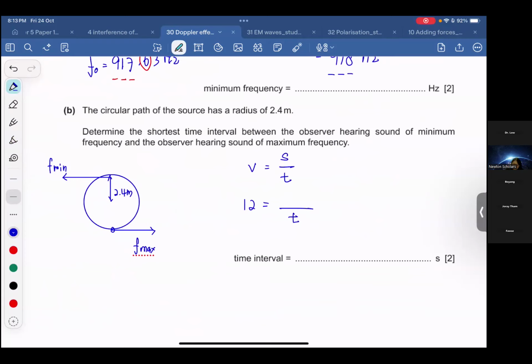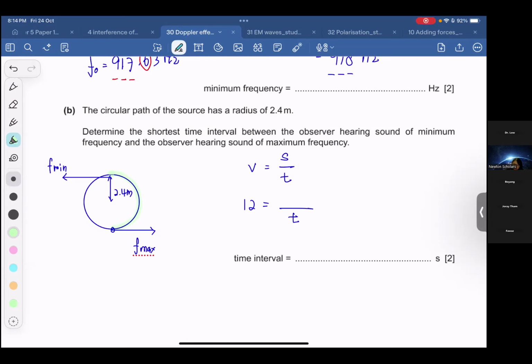But my question is, from minimum to maximum, how far does it travel? How far is the distance the source travels? How fast it travels is 12 meter per second. So now I want to know how far it travels from the maximum frequency to minimum frequency.